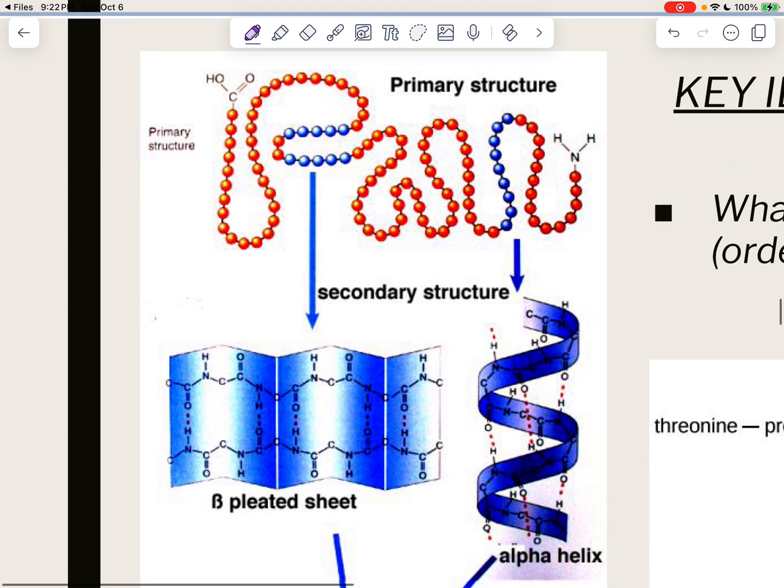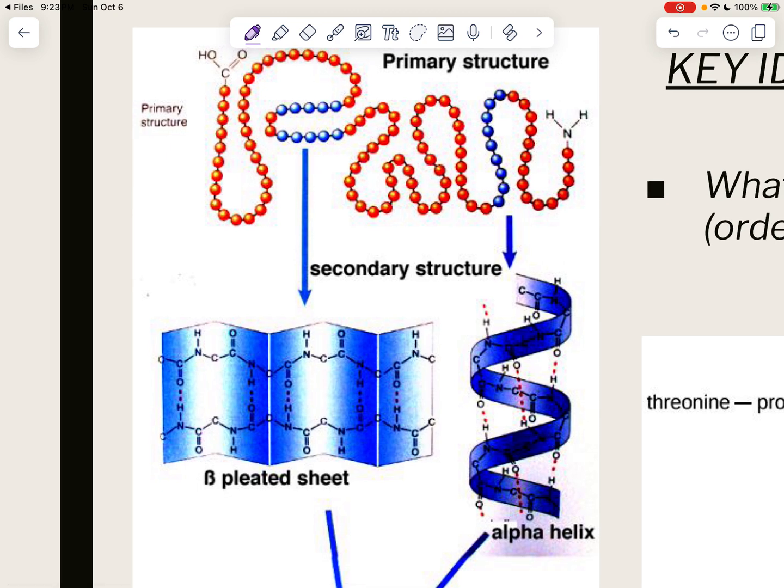Now, as you can see, there is a secondary structure. So we have an alpha helix and a beta pleated sheet. So this refers to the folding patterns within the protein. So those fold mainly into these two shapes, the alpha helix or the beta pleated sheet. So the shapes are stabilized by those hydrogen bonds.